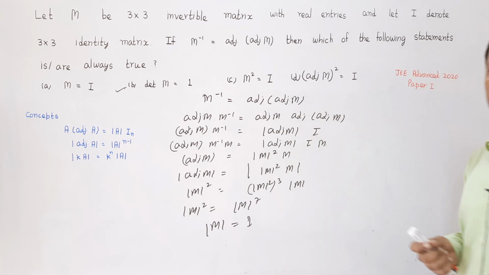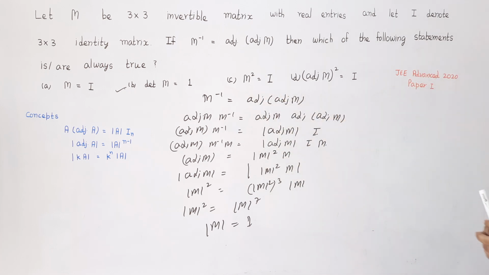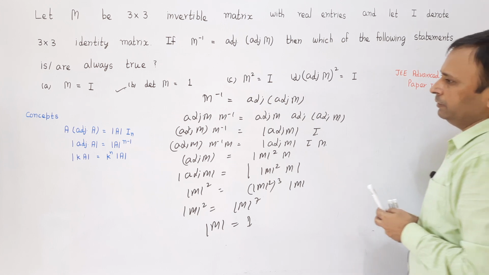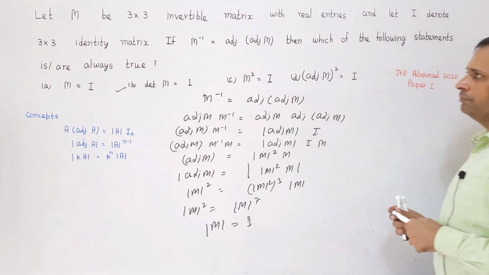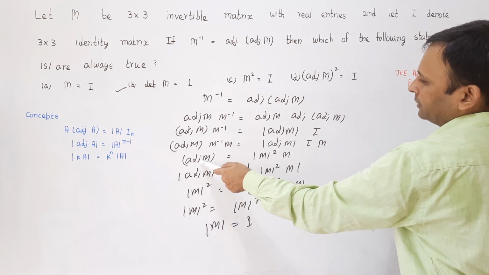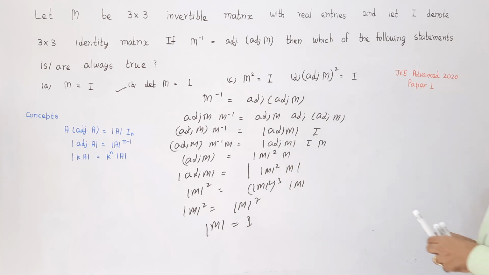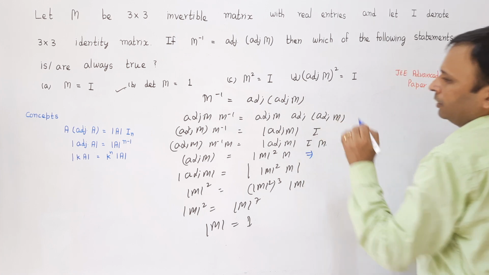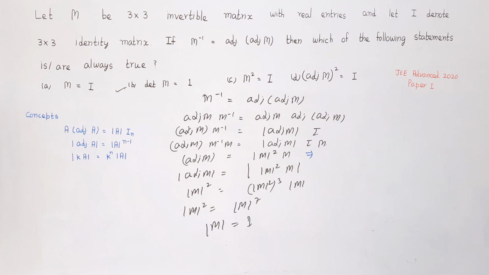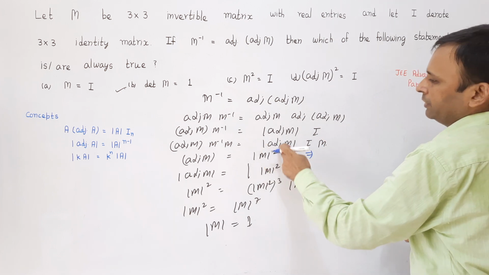Now let's see some more options, whether they are correct. To check whether M square is equal to I and adjoint of M square is equal to I, based on the working we have done, we can say that adjoint of M is equal to determinant of M square into M. Now suppose determinant of M is equal to 1, so this value will be 1 only.